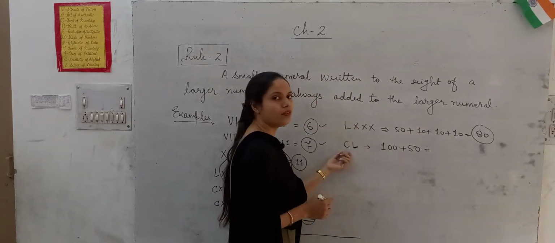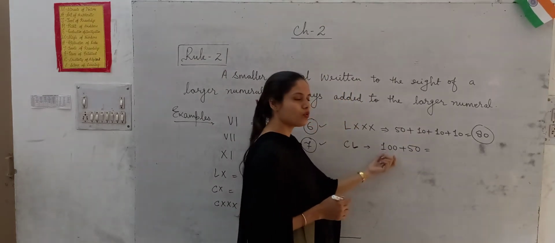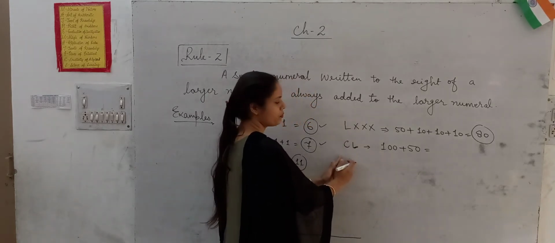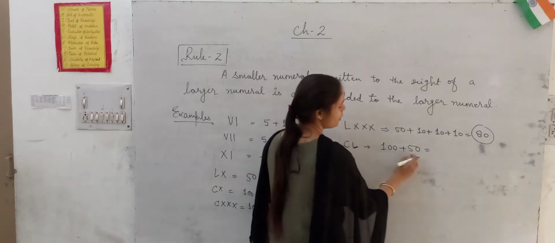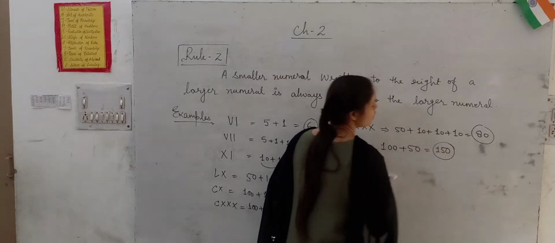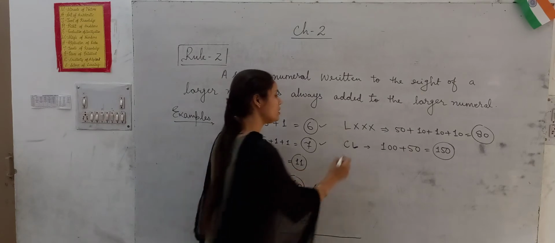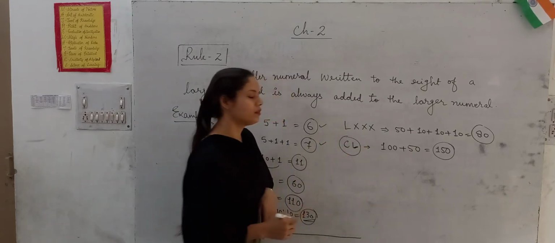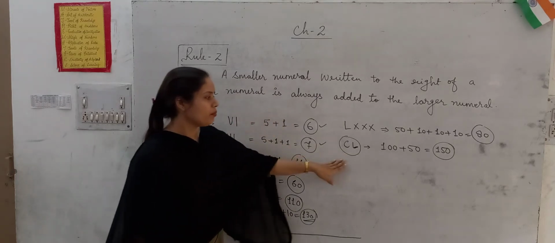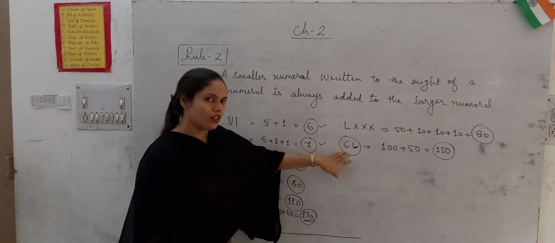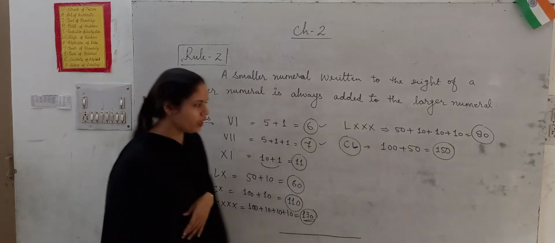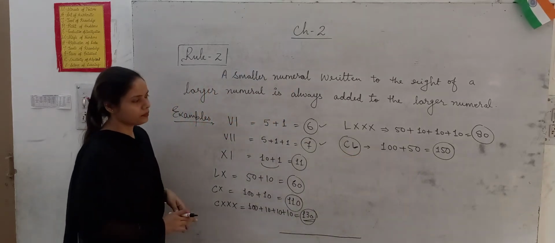C represents 100 and L represents 50, so we add the smaller numeral to the larger numeral. C plus L means 100 plus 50, so 150. This is the Hindu-Arabic numeral and this is the Roman numeral. Now are all the points clear to you? C for 100 and L for 50, 100 plus 50 means 150.